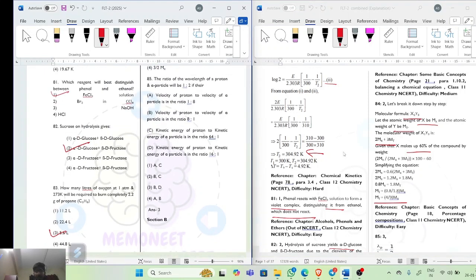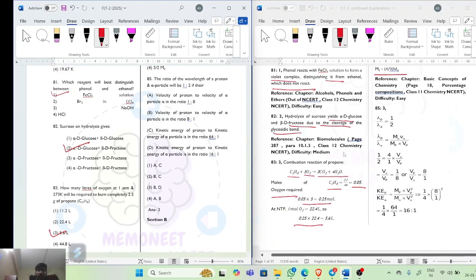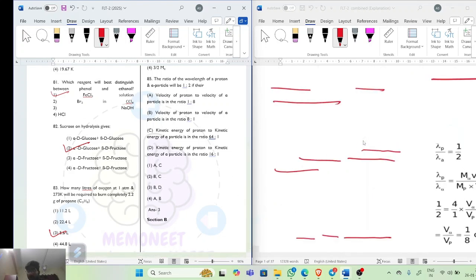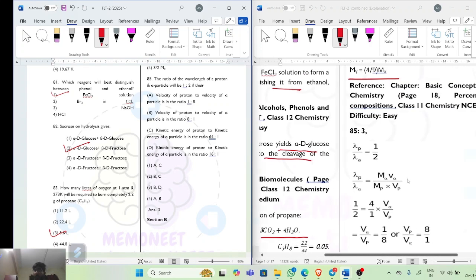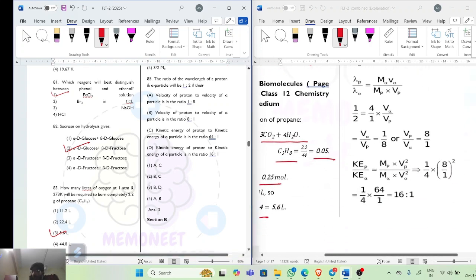Now question number 85. The ratio of wavelength of a proton and alpha particle will be 1:2 if there. We know that the ratio of wavelength of proton and alpha particle, lambda p divided by lambda alpha, is equal to 1 by 2. So we can write m alpha into v alpha divided by mp into vp.